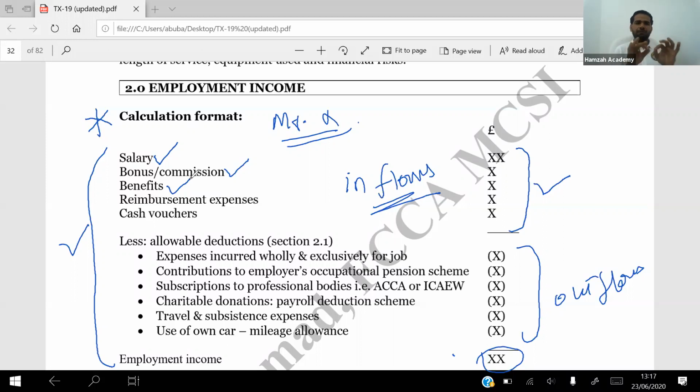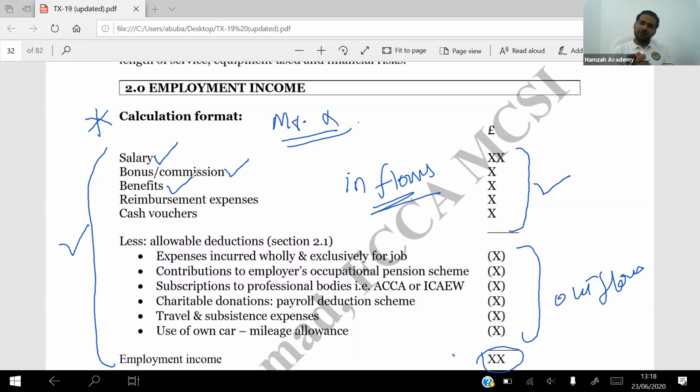A vehicle is given by the company to the employee. Another example would be a mobile phone with a credit package, let's just say a £100 or £50 per month package given to Mr. X for his use.